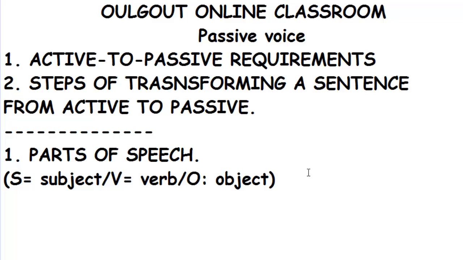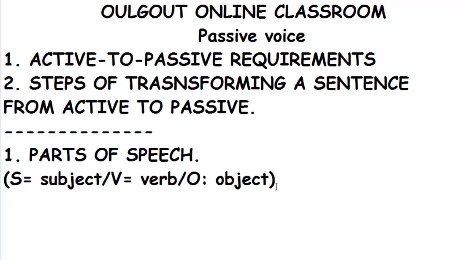It starts with the subject, then a verb, and then an object in an ordinary sentence. If you have any other element, any other word apart from these elements, it is not going to be changed. You just keep it as it is.